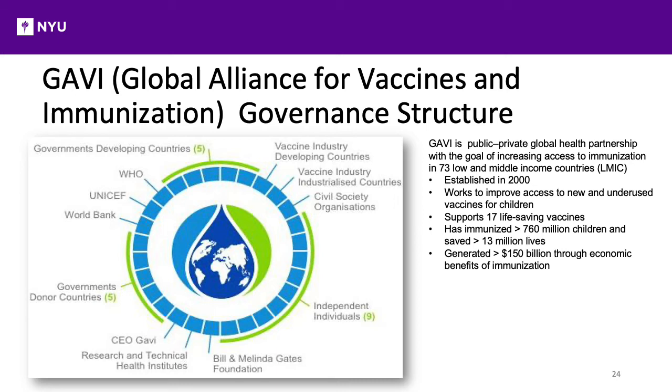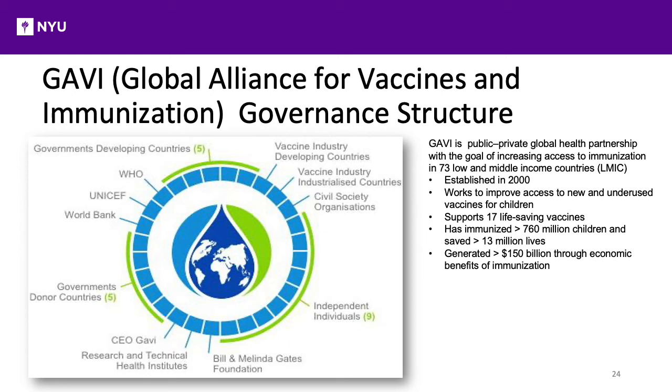It was established in 2000 and works to improve access to new and underused vaccines for children. It supports 17 life-saving vaccines, and I believe that number has increased to over 17 by now. And it has immunized over 760 million children and has saved over 13 million lives.